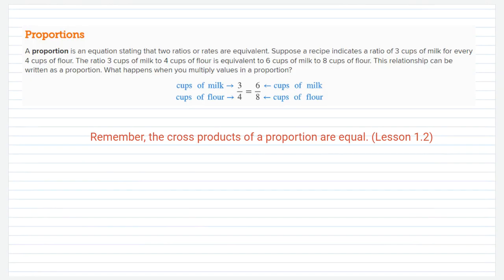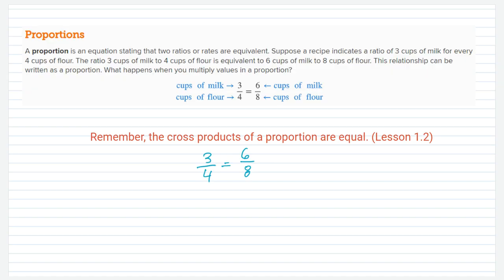So looking at a proportion, this is an equation stating that two ratios or rates are equivalent. In a proportion, the cross products are going to be equal. In this example, we have 3 cups of milk for every 4 cups of flour, and that's equivalent to 6 cups of milk for every 8 cups of flour, right? Because that's just double. If I rewrite these ratios and do the cross products, we're going to find that they're equal to each other.